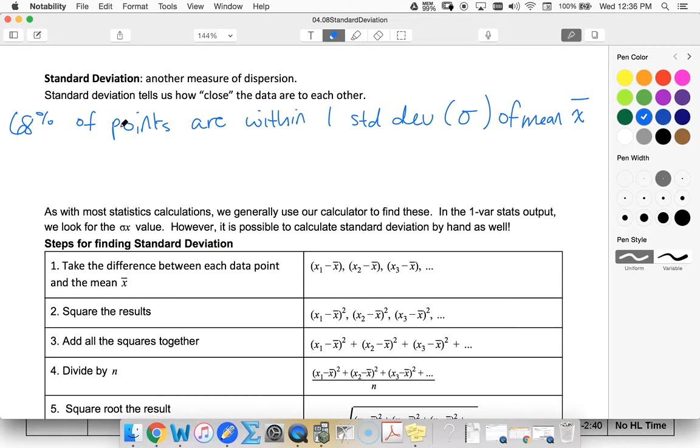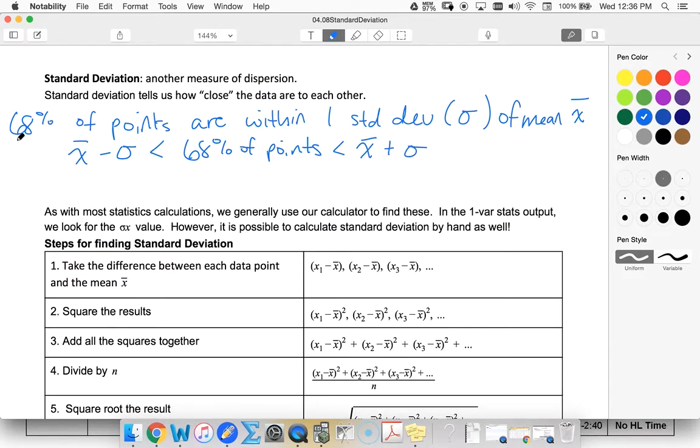So the way that we figure out this range is we take our mean value and we subtract the standard deviation, and we've got 68% of data points. And on the other side, the upper end, we take our mean and we add the standard deviation.